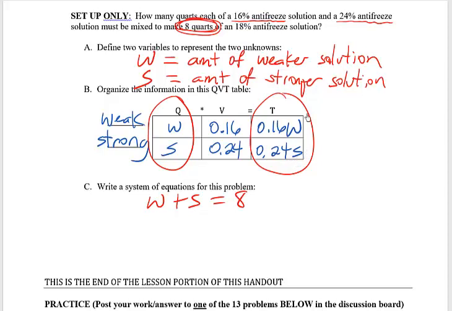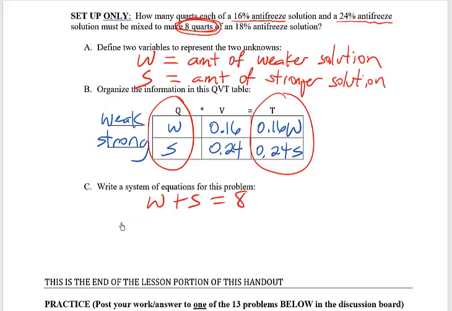Okay, then I come over here. Now this is where it gets just a little bit tricky. Remember, this box here stands for the total amount of actual antifreeze in the weak container. And this box stands for the total amount of actual antifreeze in the strong container. Well, if I add those two pieces together, I should get the total amount of antifreeze in the mixture.